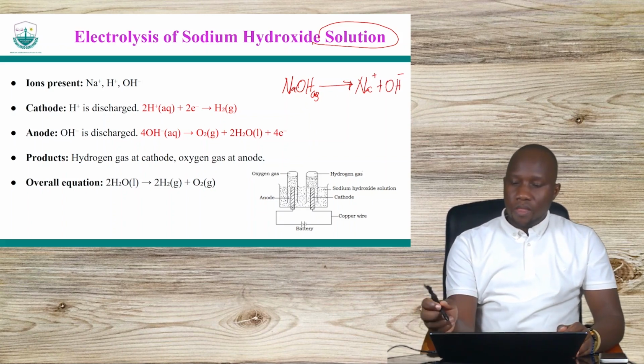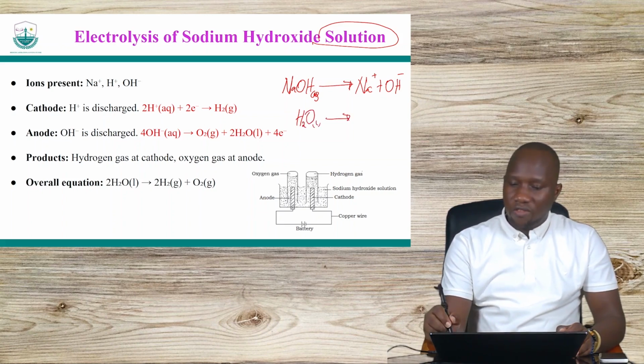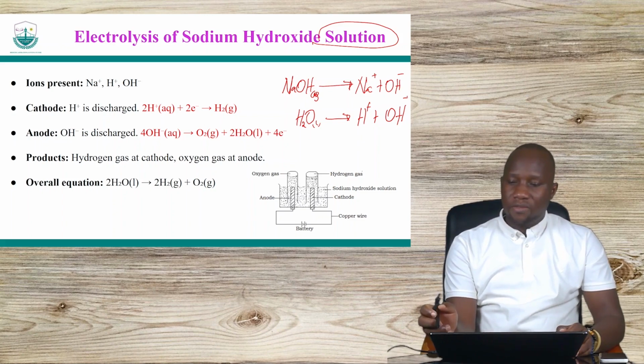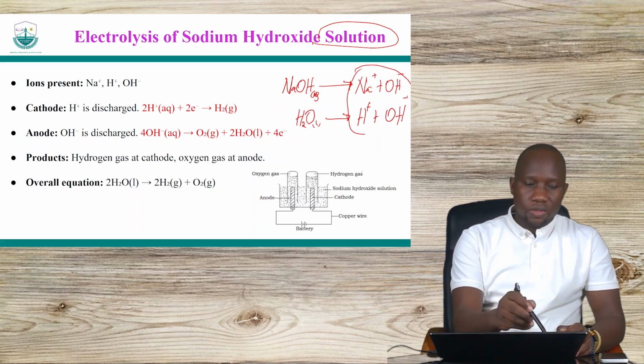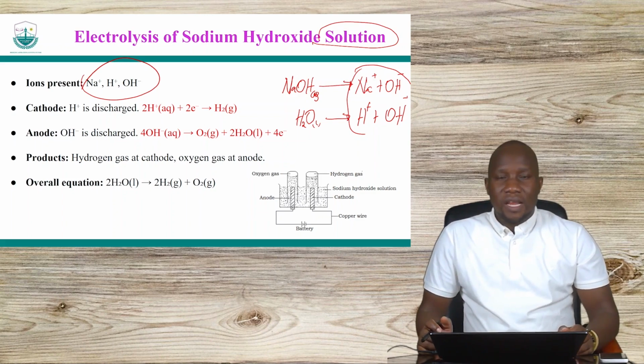But you also have water, because it is a solution. So this water is also giving you hydrogen ions plus the OH ions. That is why we have three types of ions in each solution.